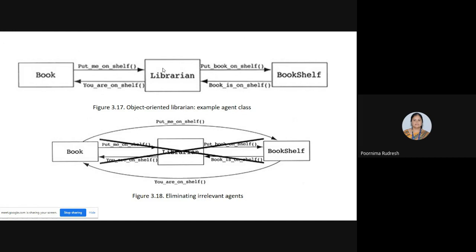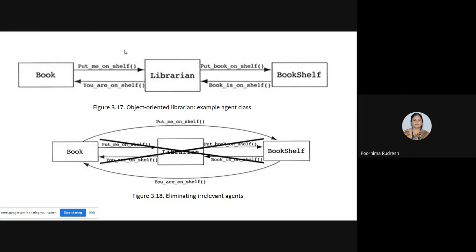But another group of designers may argue that they need the agent librarian as a class. Why? Because when we are issuing books, or giving books to persons or students, there may be a chance that the expiry date is over.